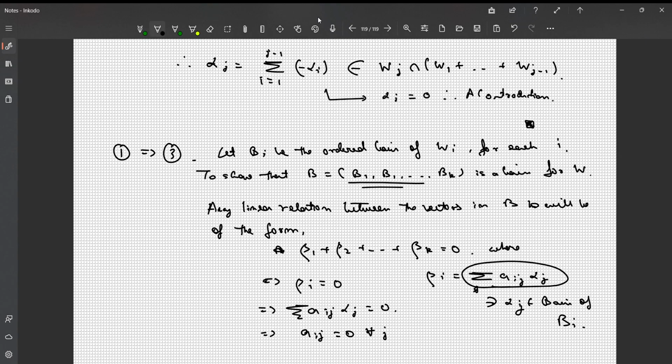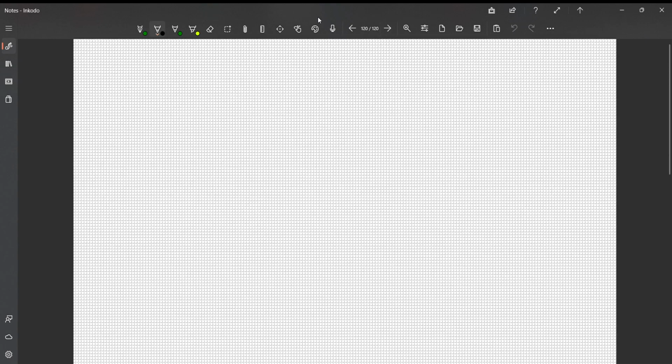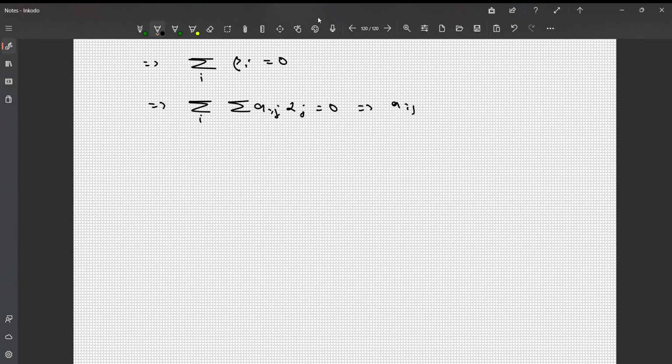Let's go to the next page. So what does this statement basically say? It says that if you sum over the i's of the beta i's and equate this to 0, then you can write this as a summation over i's, summation over a_ij alpha j's, equal to 0. But we have found that this implies that each a_ij is equal to 0, and we have proved this from here itself.